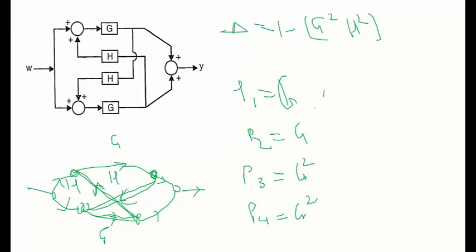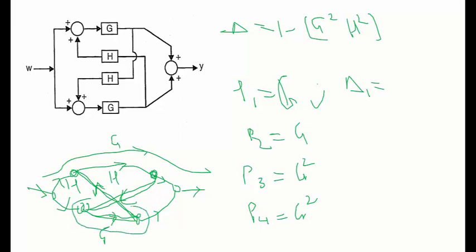Now you'll have to identify delta 1. Delta 1 is the value of delta for the part of the SFG which doesn't touch P1. P1 was in this direction like this. So the part of the SFG that doesn't touch P1 is this branch and these two nodes.